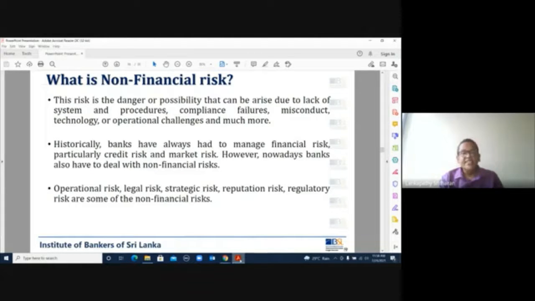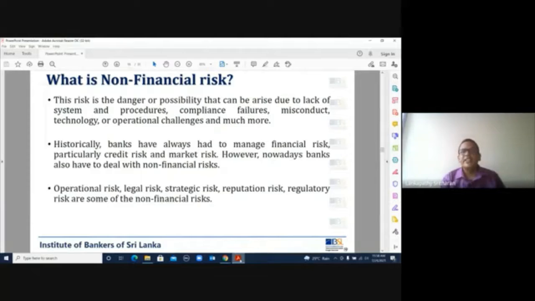But nowadays IT usage is very high. All the transactions take place through the internet or online. So non-financial risk has become a vital risk in the risk management process of a bank and financial institution, particularly after COVID-19.